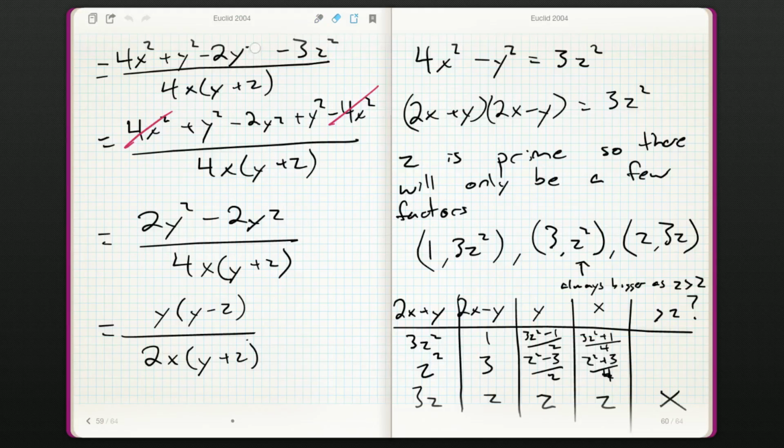My z's look like 2's. There's no way I can get a quick ratio of any of these things.